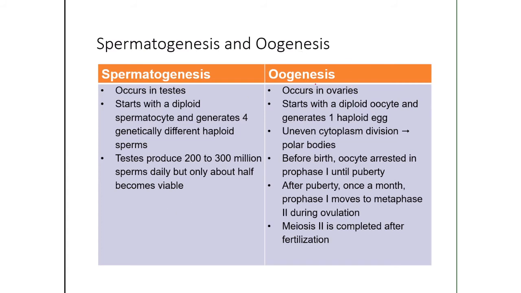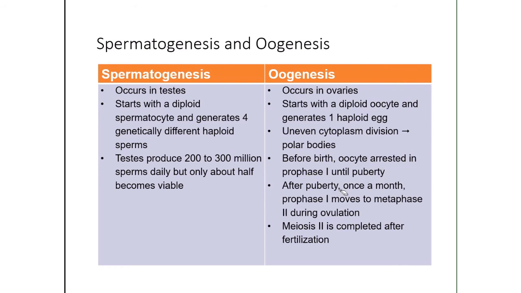But for oogenesis, it actually starts happening while the female is still in embryonic development. Okay, so before birth, the oocyte will do meiosis, but then it will stop at prophase 1. Okay, and the egg will be suspended in prophase 1 until the female reaches puberty.